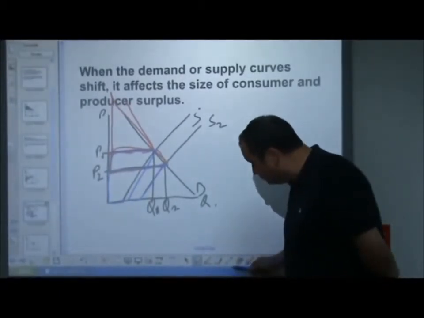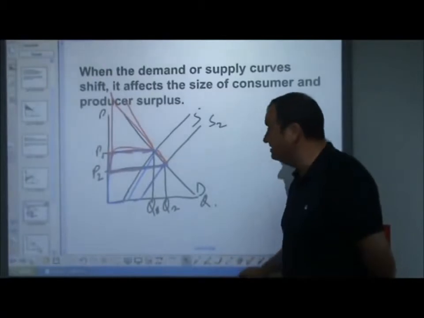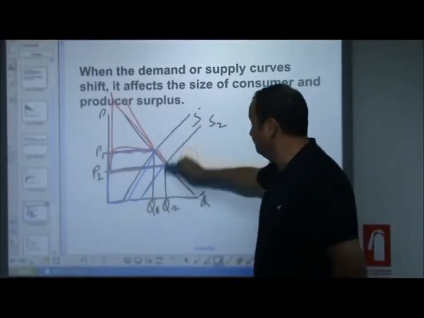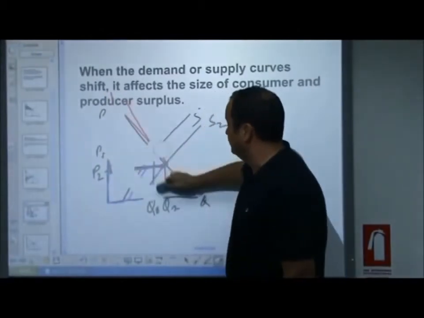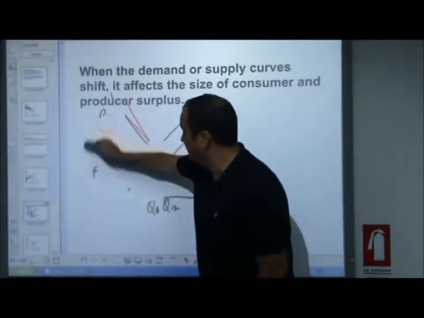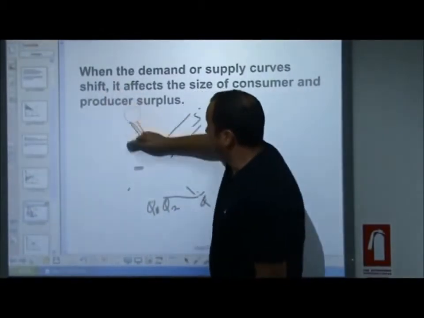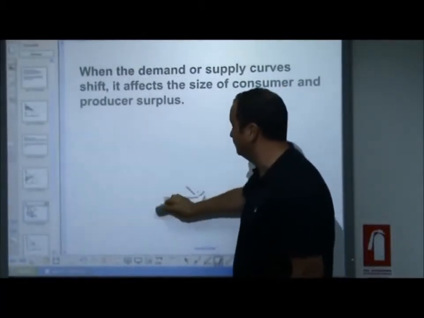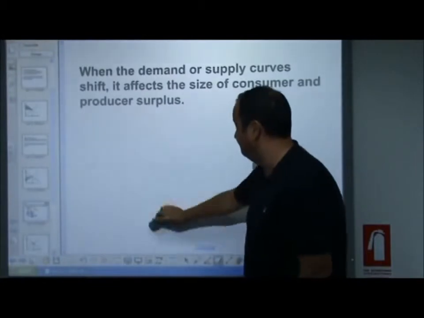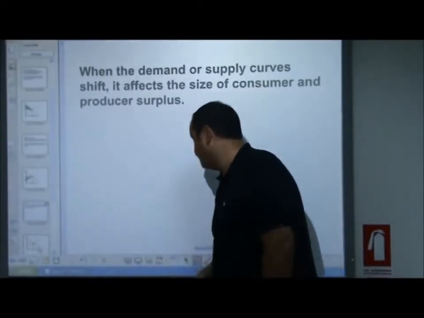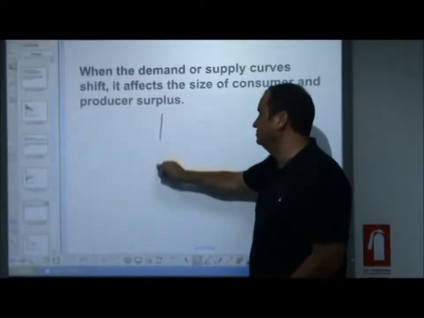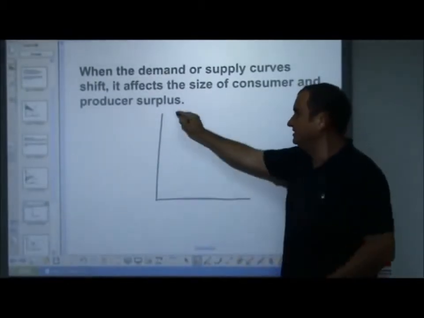If I redraw this to show a change in demand, let me clean the board. If I show a change in demand, you're going to see that producer surplus is the easier change to register on the diagram.